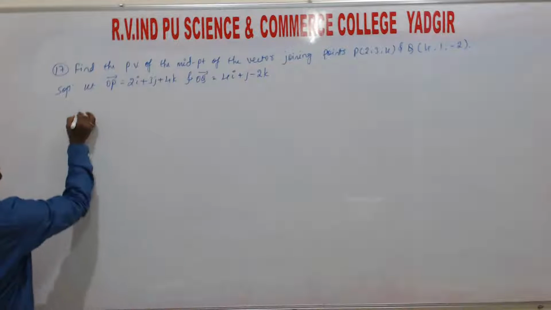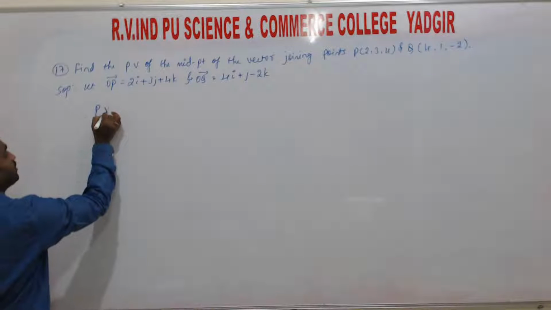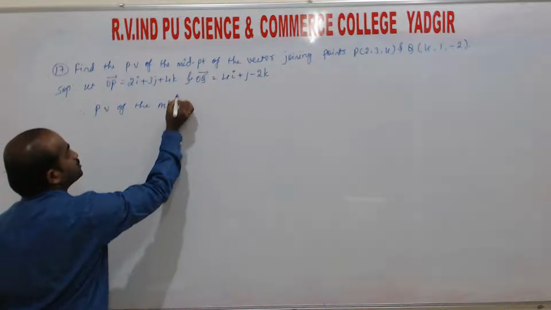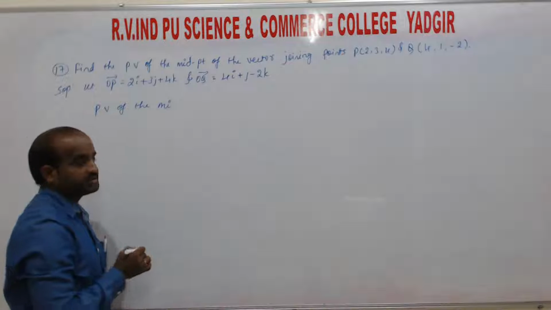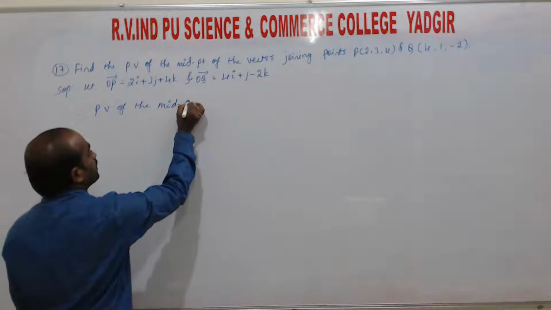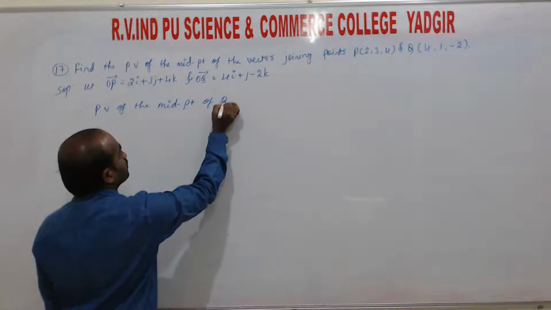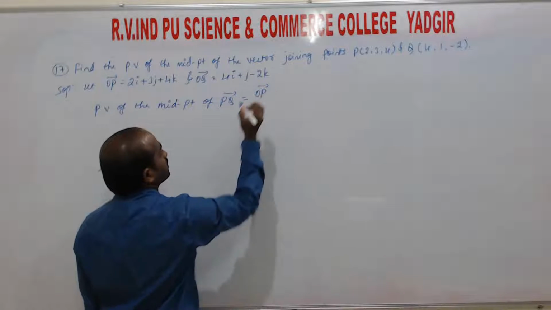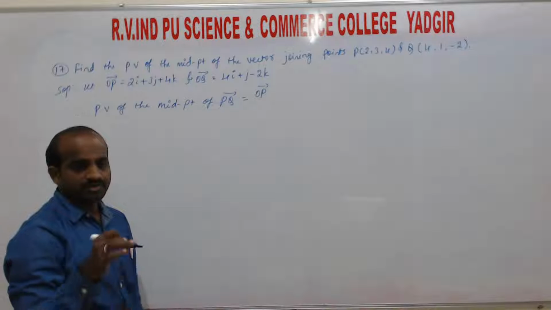Therefore the position vector of the midpoint of PQ is the A vector plus the B vector divided by 2.